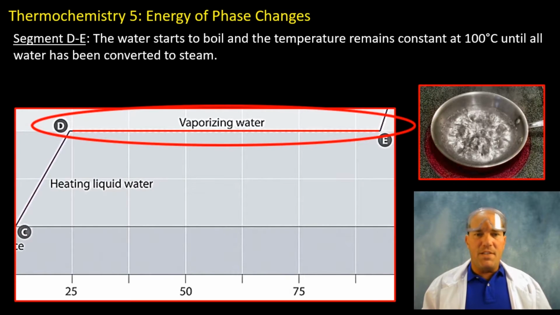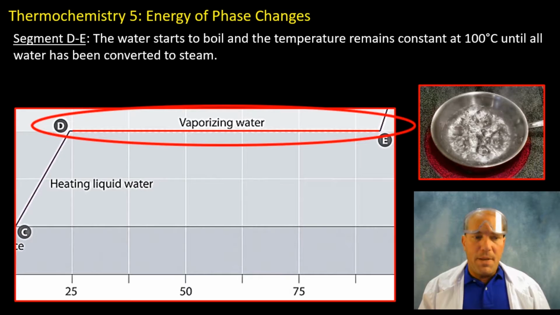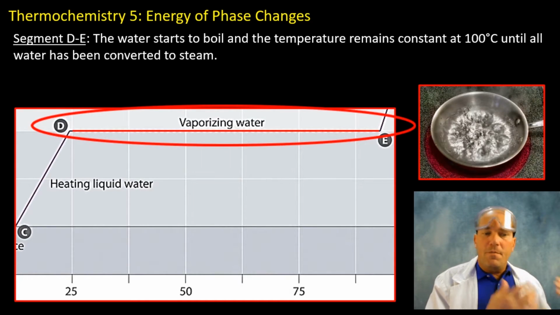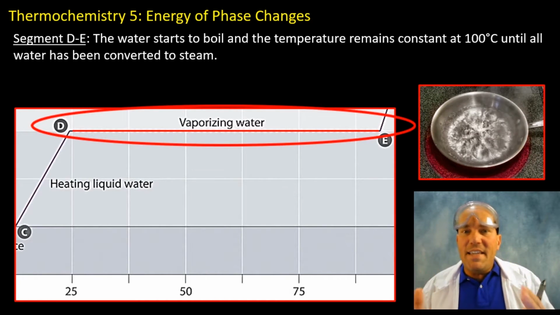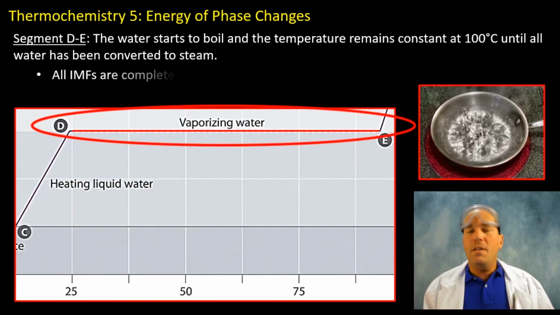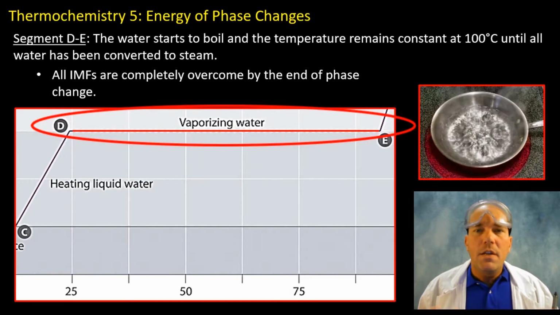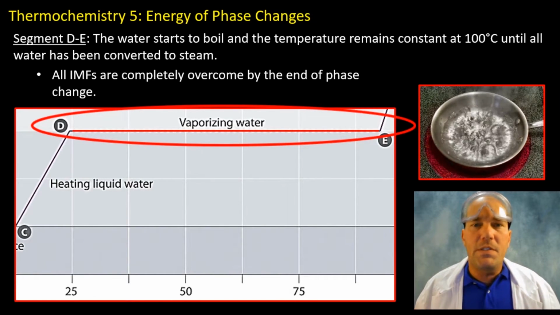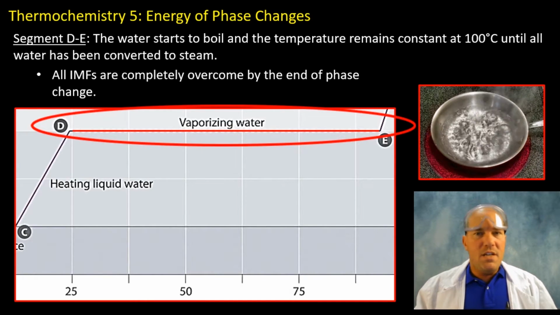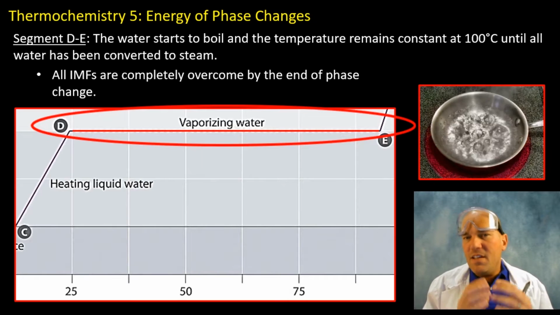This segment takes a lot of energy compared to the other segment from B to C. D to E requires a lot of energy. Now, the reason for this is all intermolecular forces are being completely overcome by the end of this phase.